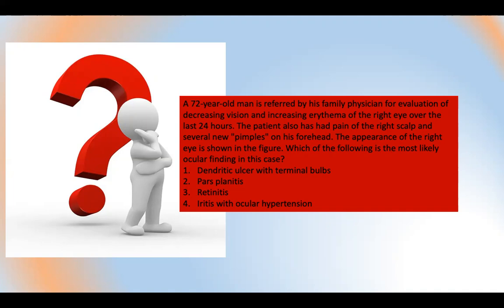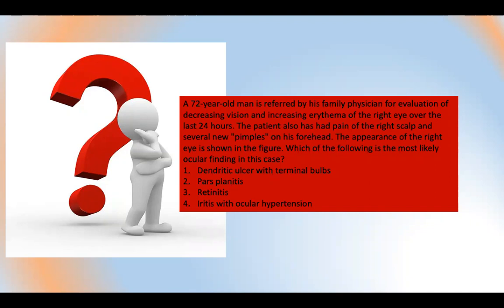He's an old man, presented with decreased vision. There is erythema of the right eye, and there is pain in the right scalp. He has pimples on the forehead. The eye looks like the other photo. So what do you think?